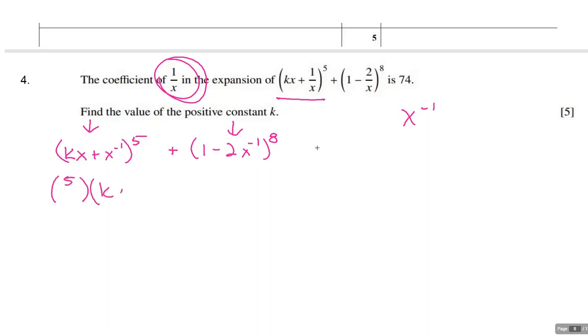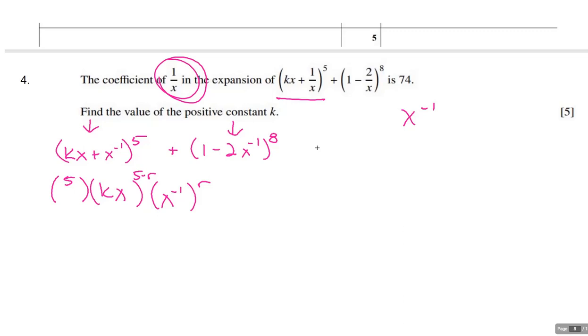This is going to be kx. This is going to be x to the negative 1. Now, what would be my equation? If this is r, and this is 5 minus r, when I multiply these two terms, I want to get a negative 1. So what's my equation going to be?